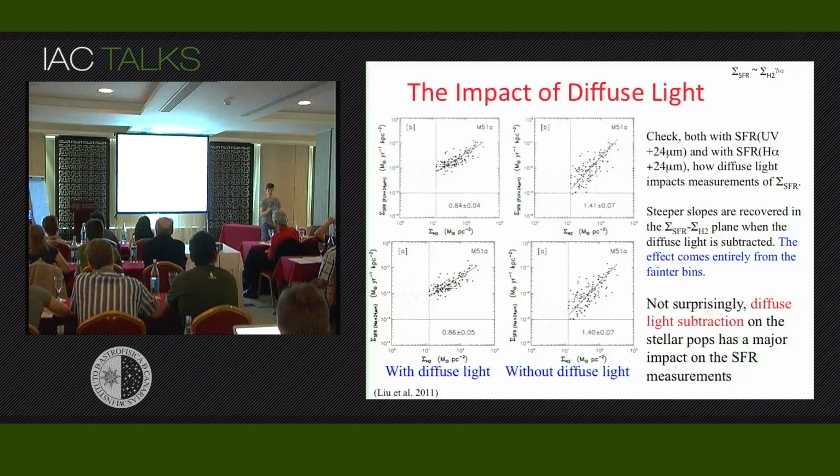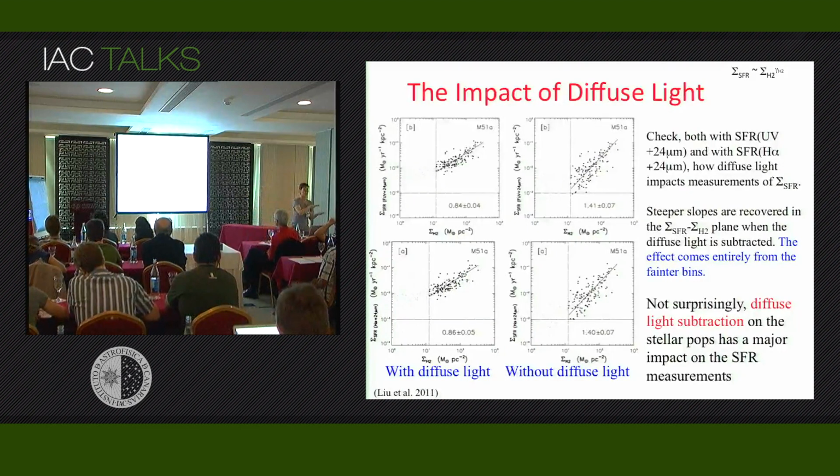If we do not remove the diffuse light, the smooth component, in a so-called Schmidt-Kennicutt plot, with star formation rate surface density on the vertical axis and molecular gas surface density on the horizontal axis, you measure a mean slope of 0.84, both using the UV and 24 micron and the H-alpha and 24 micron.